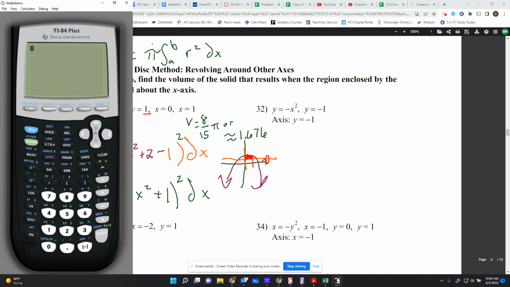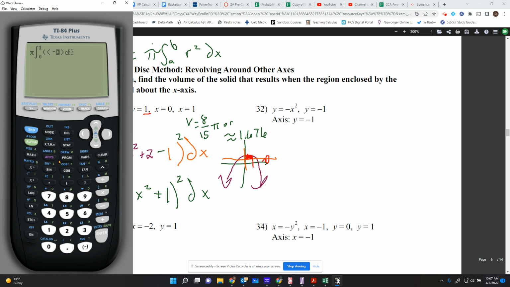And I probably should have done pi, then alpha window, integrate, and then I'm going 0 to 1, and I had negative, well, let me back up. I need a set of parentheses because I need everything that's being integrated to be in the set of parentheses.